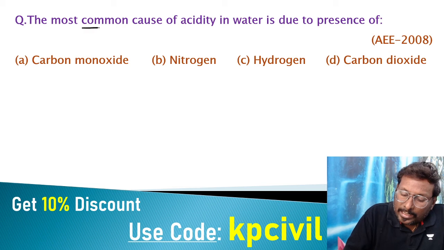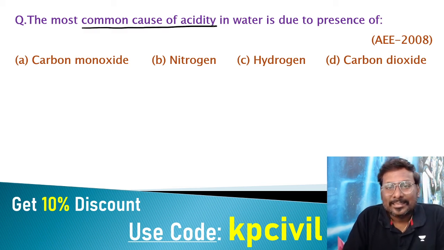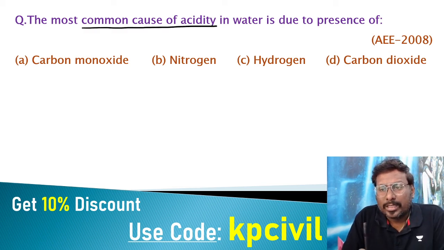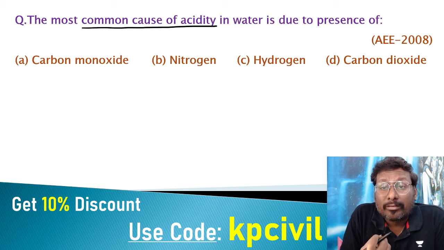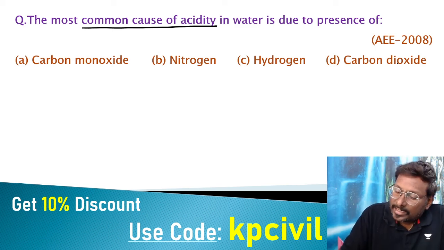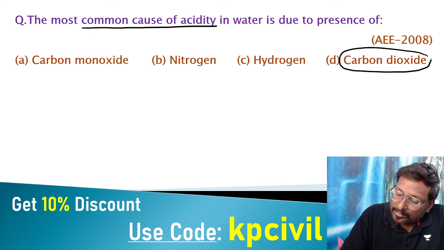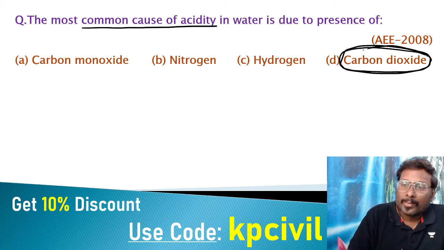Most common cause of acidity in water. Carbon monoxide, nitrogen, hydrogen, carbon dioxide. Generally we feel that excess hydrogen in water will cause acidity. But the source of that excess hydrogen is carbon dioxide. Please understand this.